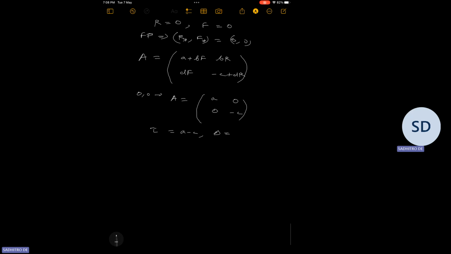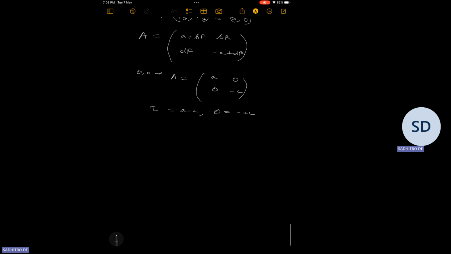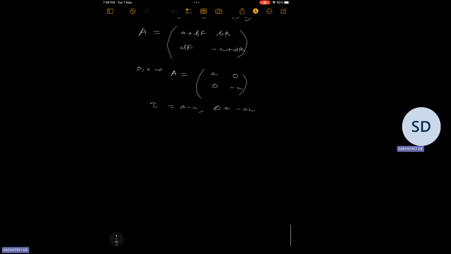The determinant is equal to minus AC, and trace squared minus 4 delta equals A minus C whole squared plus 4AC, which is equal to A squared plus C squared plus 2AC.